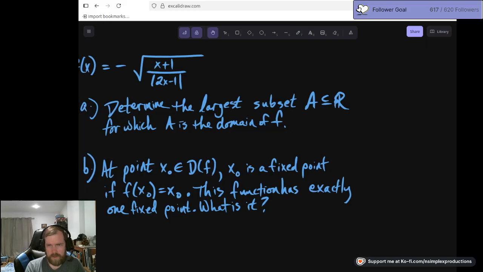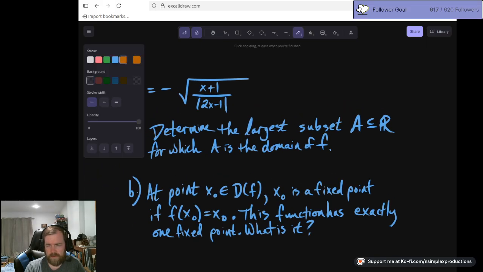Find out what is the largest subset of the real numbers for which it is the domain of f. So in here, we know a couple of things. One is that x plus 1 over absolute value 2x minus 1 must exist, such that everything inside of the square root function is greater than or equal to 0.